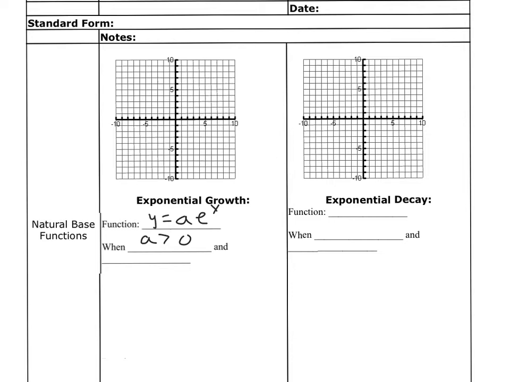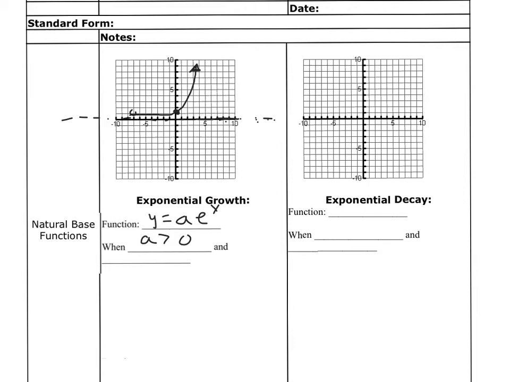Now, the key point for a natural base e function is it passes through the point at (0, 1), and it will slowly increase like this. Now, once again, there is an asymptote right here which it cannot cross, okay?